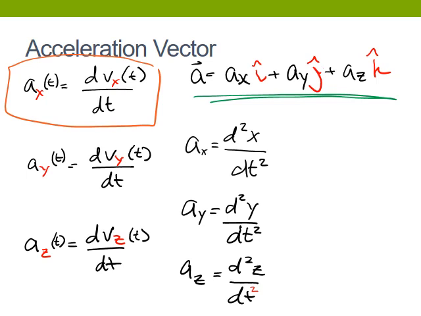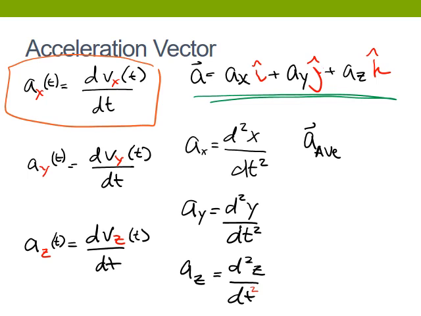So we now have our acceleration vector, our velocity vector, and our position vector. Of course, we could also calculate what our average acceleration was, and you could probably at this point guess what it would be.